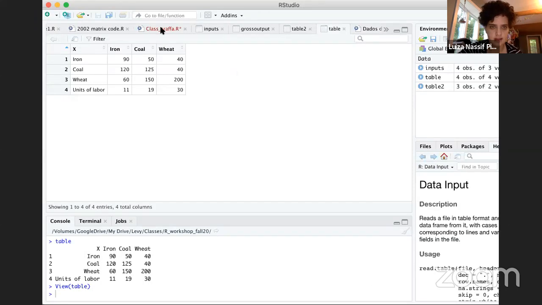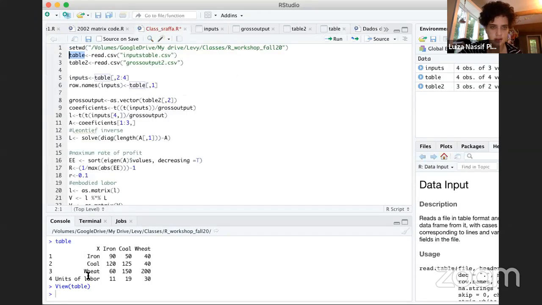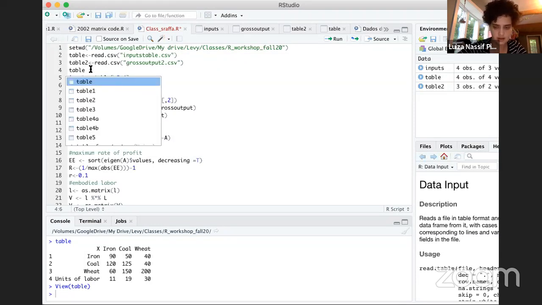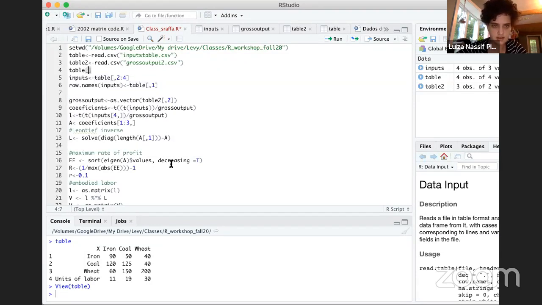So what I did is I took the first column and made it into the names of the rows. Basically I created another table, which excludes the first column. Whenever I have an object, I can always call that object using this.